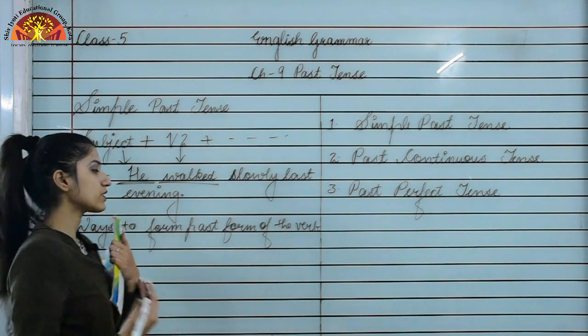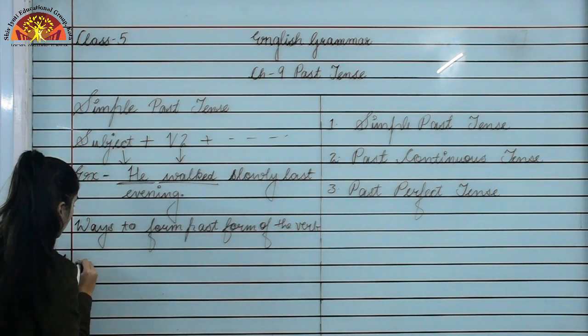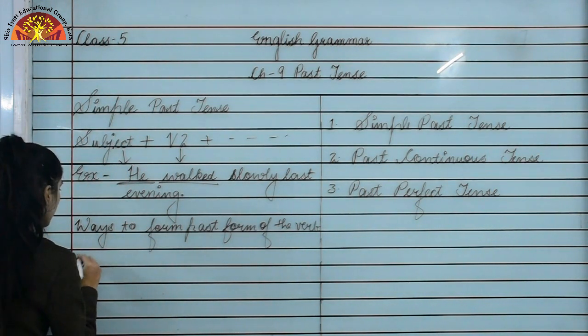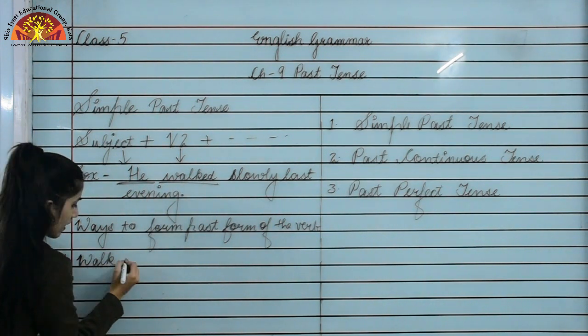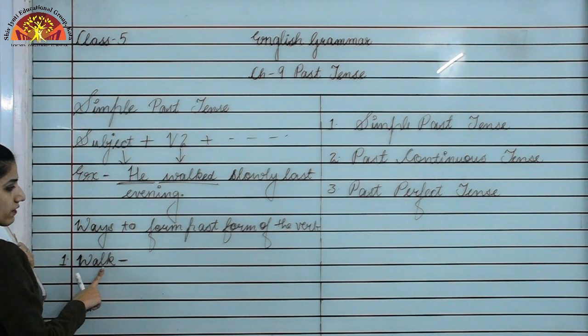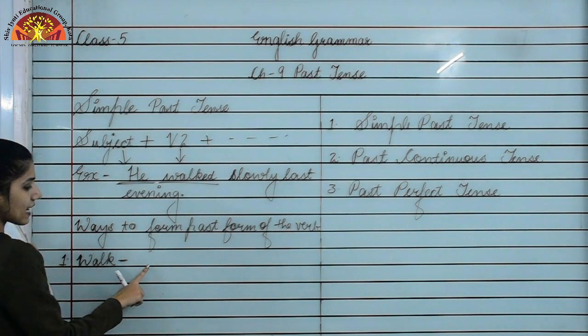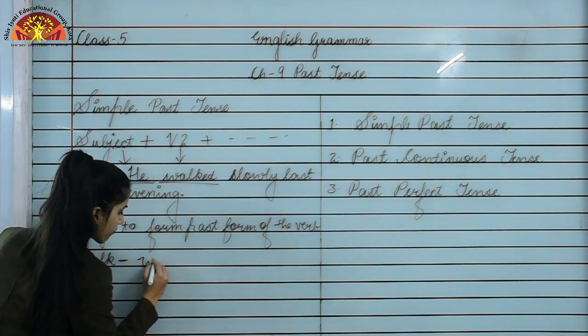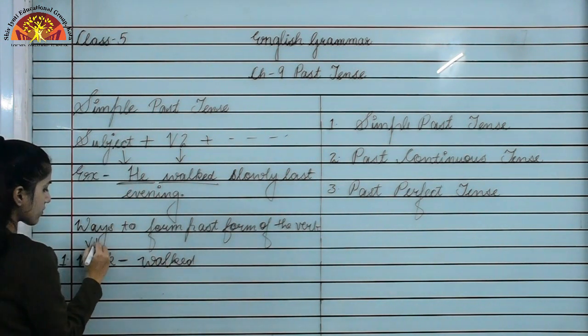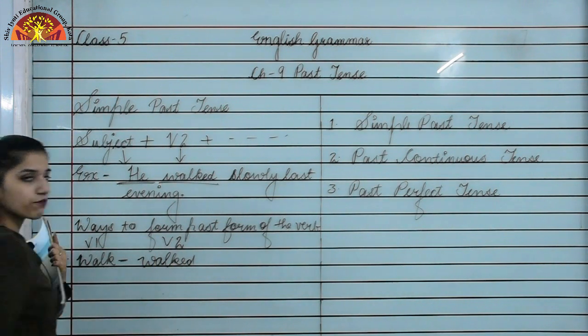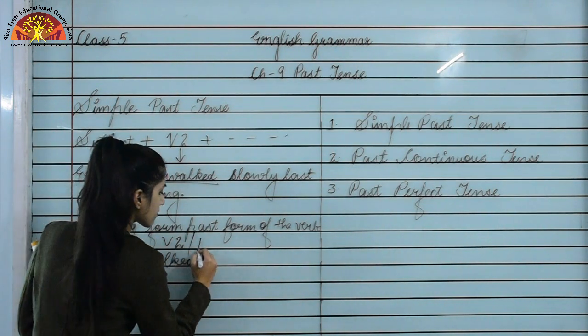It is just a simple thing: if the word is, let's suppose, walk, we have to just add ed in the last to form the past form of the verb. This is the first form and this is the second form, or the past form, of the verb.